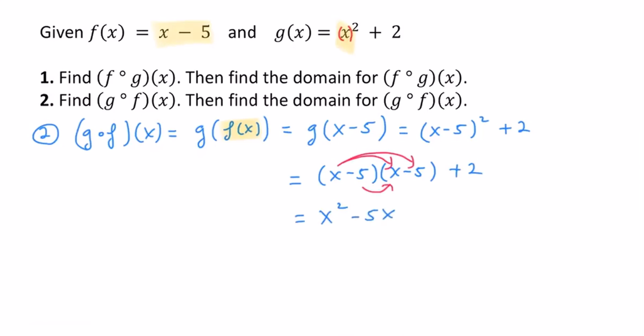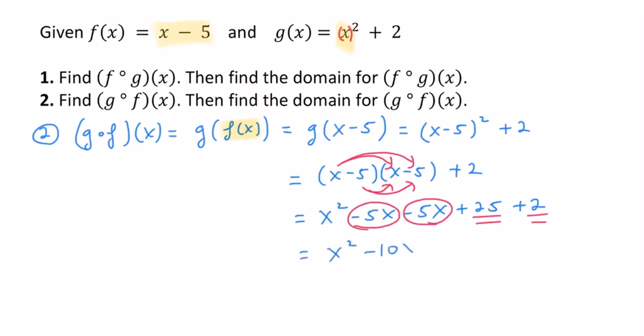Negative 5 times x, so another negative 5x. Negative 5 times negative 5, so positive 25 plus 2. Combine like terms, so we have the x with the x, the number with the number. So this is x squared minus 10x plus 27.